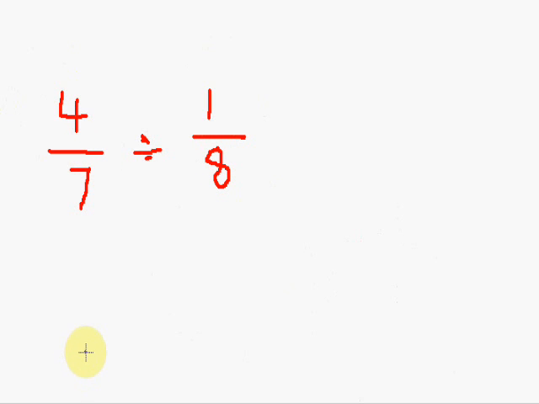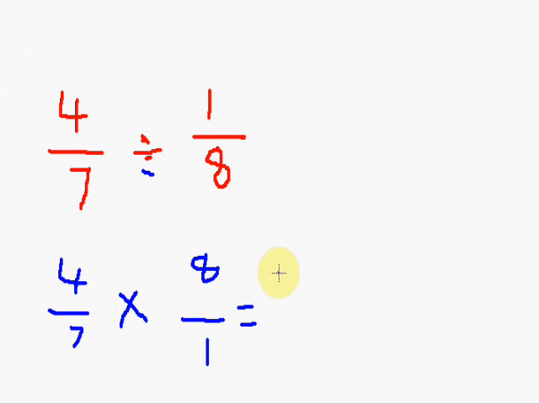Okay, remember the steps just now. First thing we do is to rewrite the first fraction, 4 sevens. Then we change the division sign to a multiplication sign, and then we invert the second fraction. It is 1/8. If it's inverted, we get 8 on 1, or 8 over 1. Right, and once we have it at this stage, we can multiply it like how we were multiplying before.